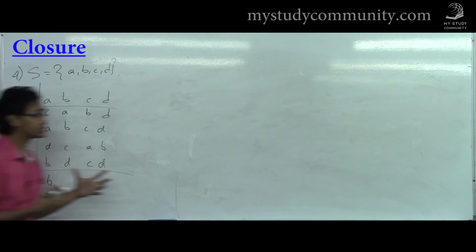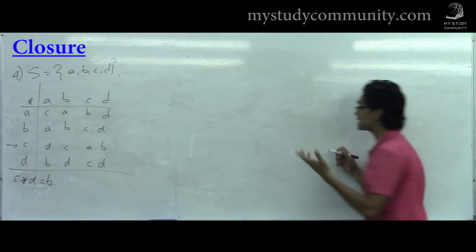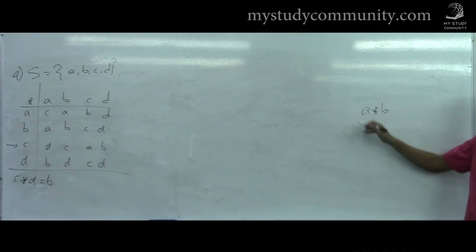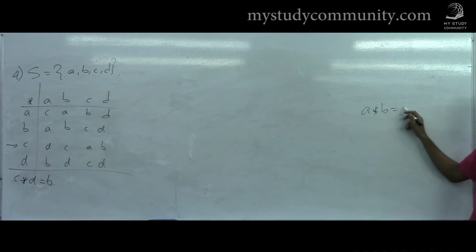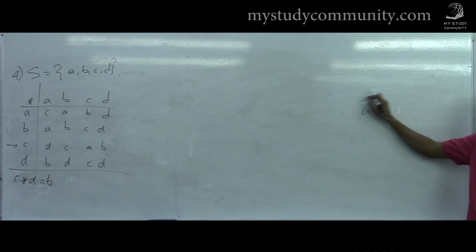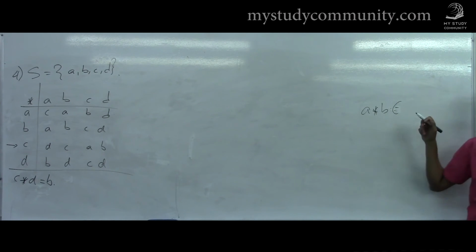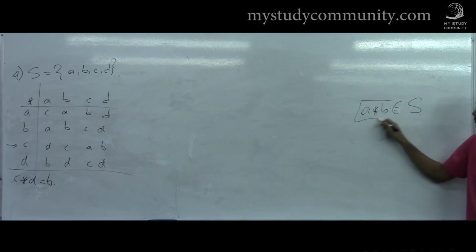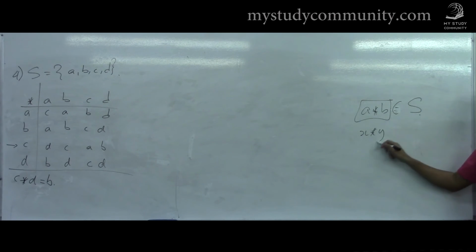Remember what closure says. At the start, we said a set is closed if we take 2 random elements, and my output, whatever it is, is actually in my set, yes? In this case, my set is S. I should have really used X and Y just to show generality.